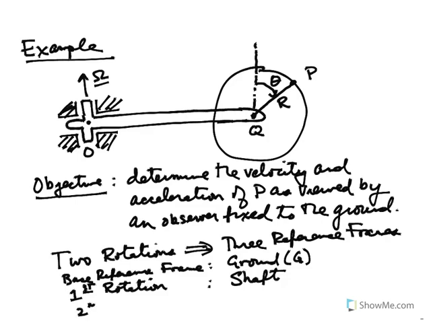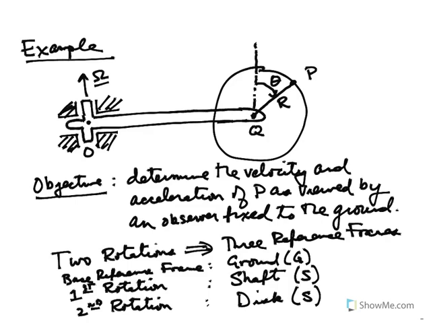And the second rotation is going to be defined by, I'll call this S, and then it's going to be defined by the disk, because the disk rotates relative to the shaft.